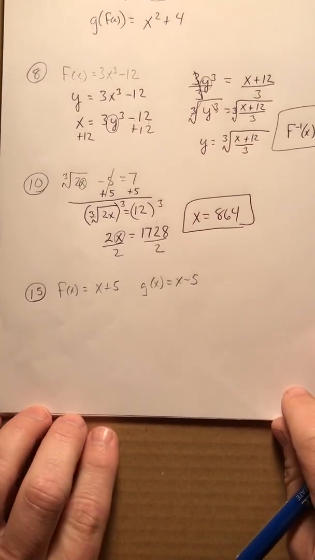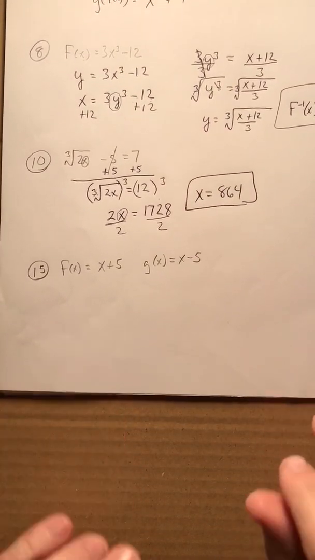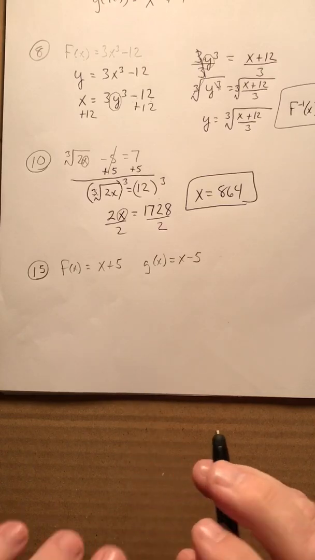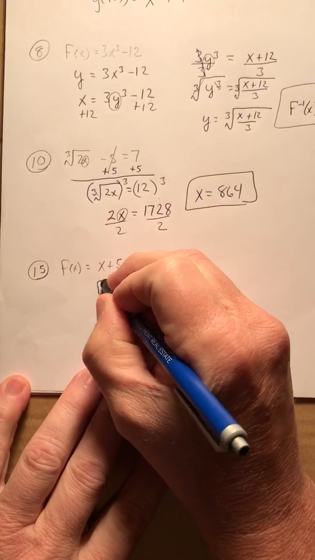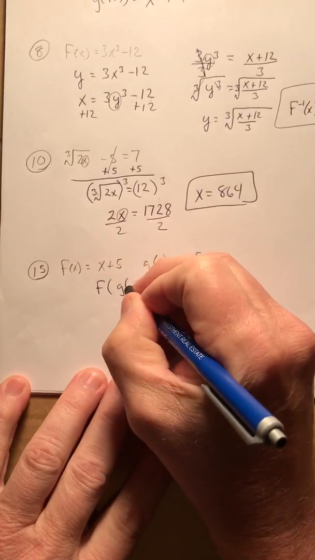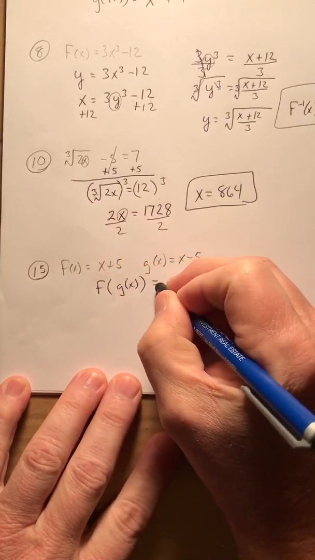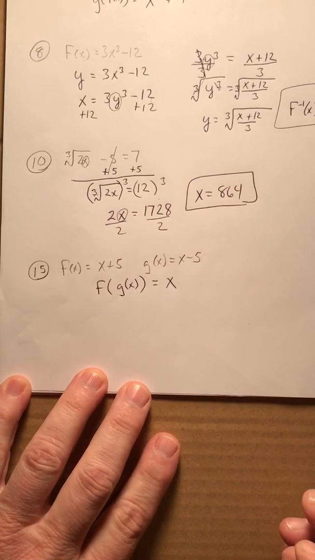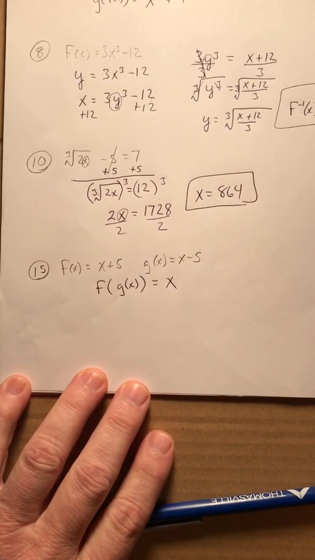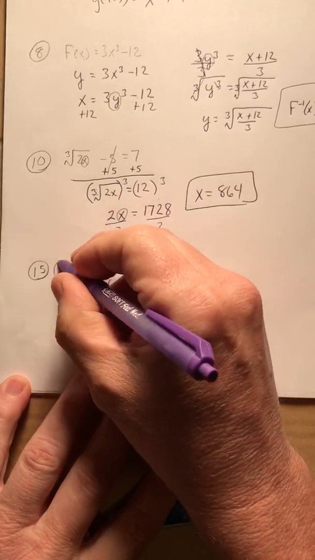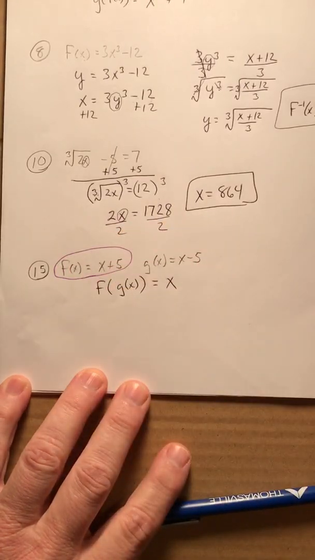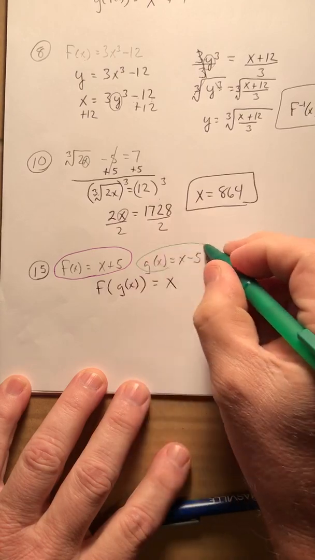All right, and then the last one, all you have to do is show that these are inverses. So all you have to do is show that f of g of x is equal to x. So again, let's color code it. So the f function will be my purple and the g function will be my green.